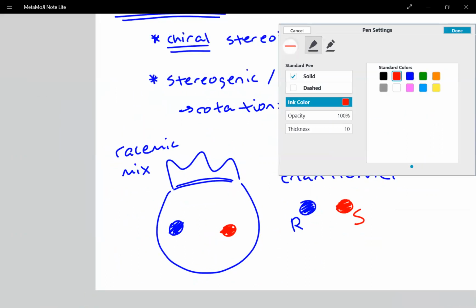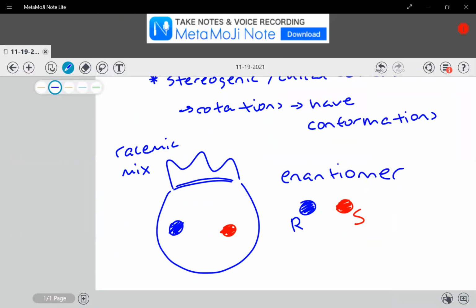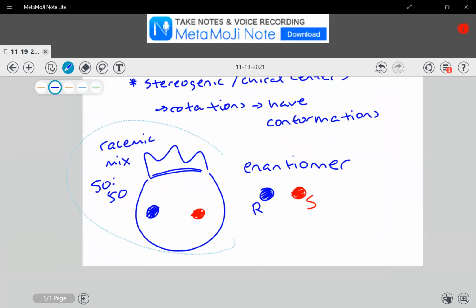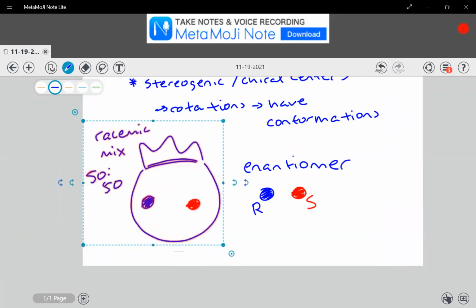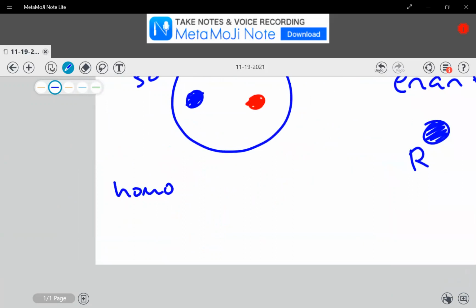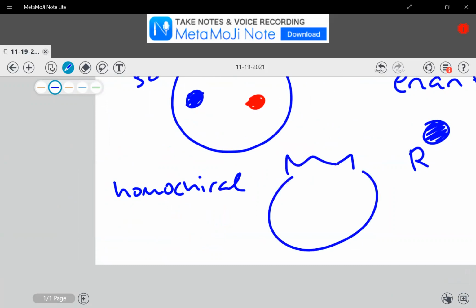It's a 50-50 mix. If you really hate one of the flavors, you can have the chiral mix, which is really, you just pick one of the enantiomer flavors. I like blue raspberry better, so I'm going to go with this one.